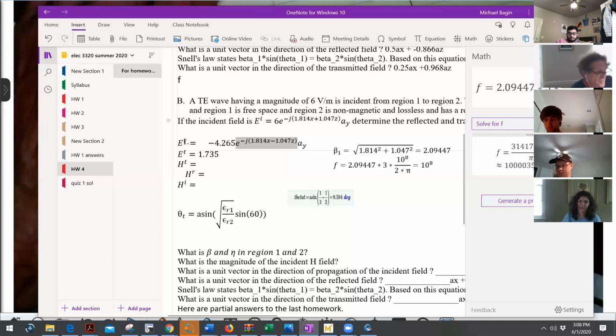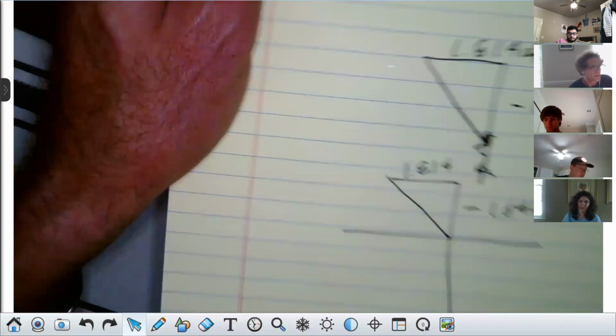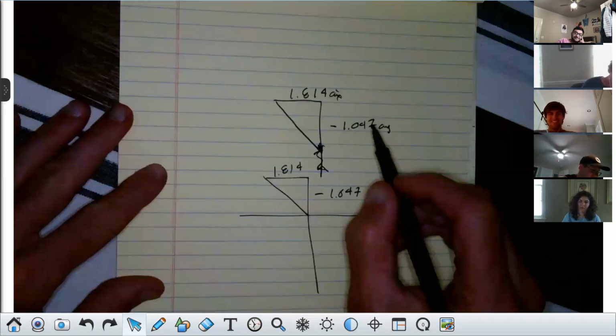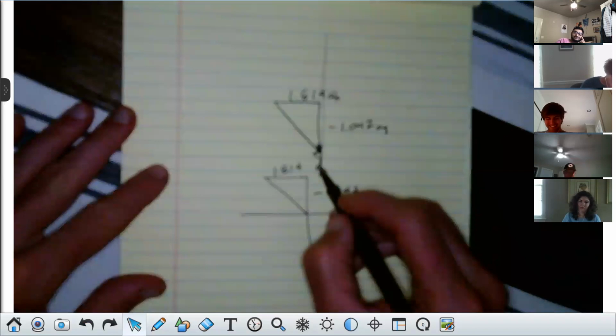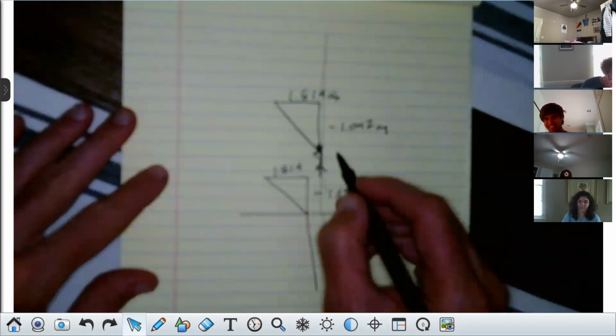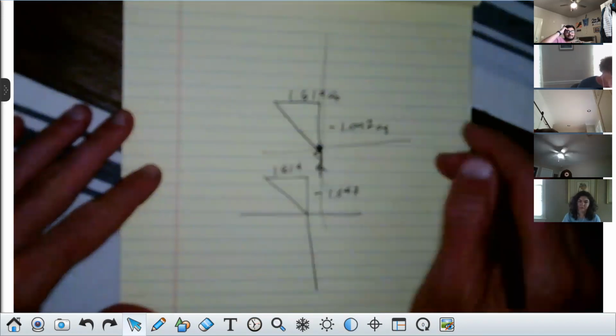Let me get the camera on. Think of this as my interface in the region right here. And if you look at this, I drew this wrong.